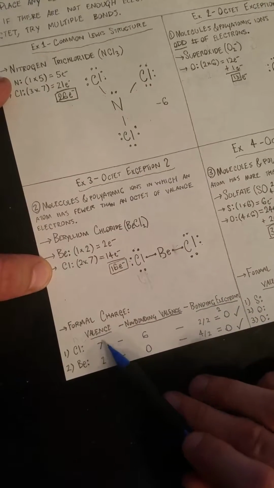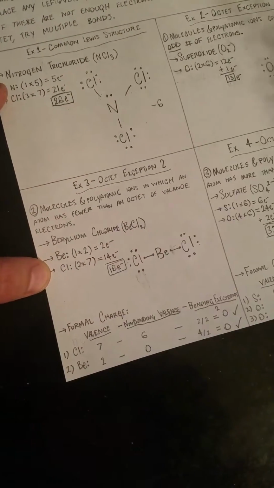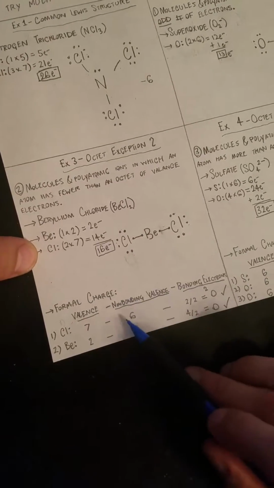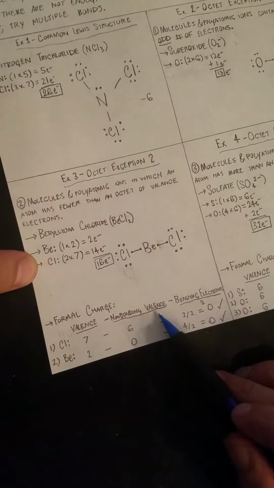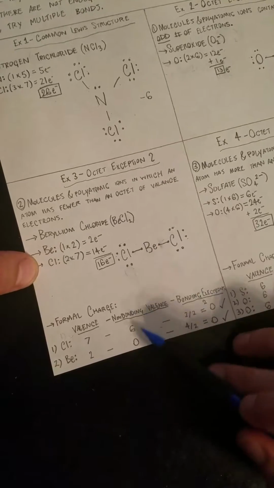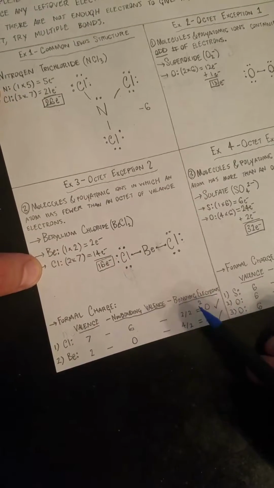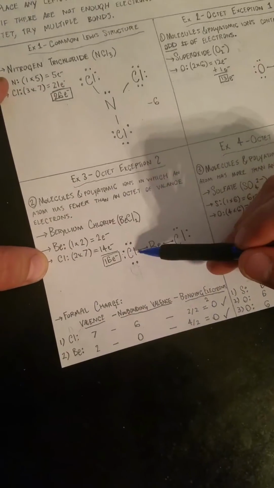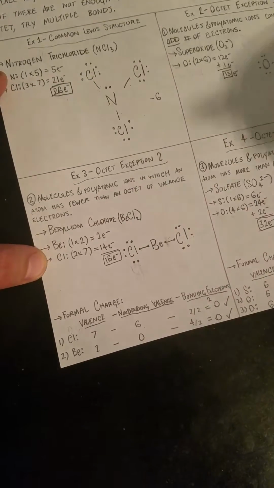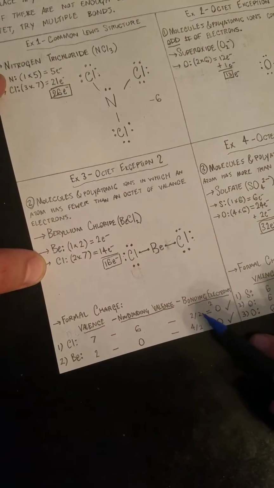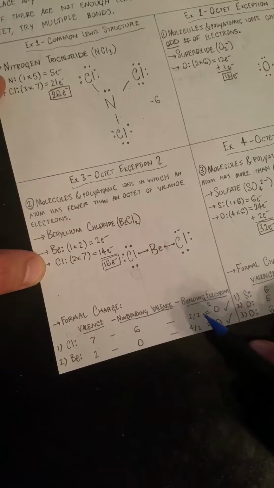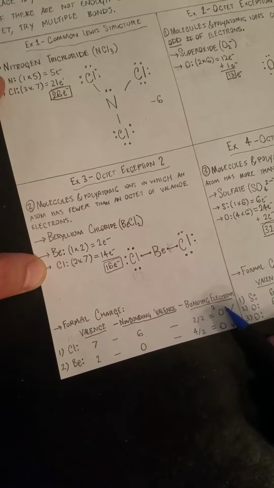So we have 7 valence electrons for chlorine because it has a -1 charge, minus the non-bonding valence, so only 1 is bonding, which gives us 6, and then minus the bonding electrons, which gives us 2 that are bonded, but we divide that by 2, which gives us 1, so 7 minus 6 minus 1 equals 0. It checks out.